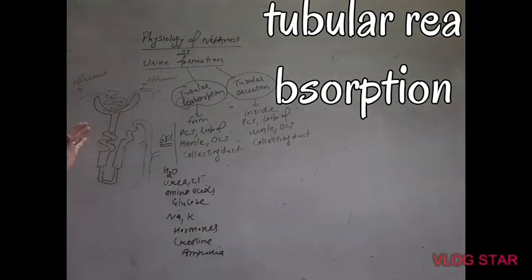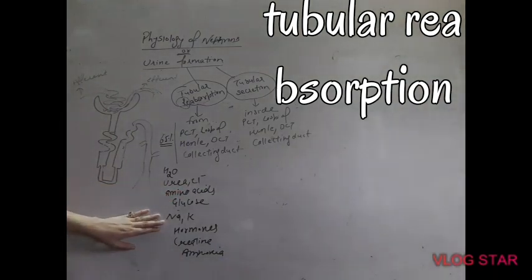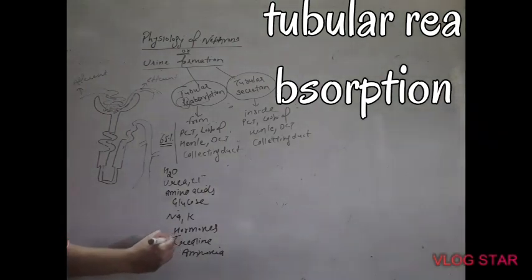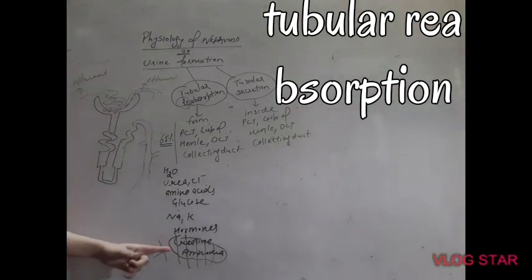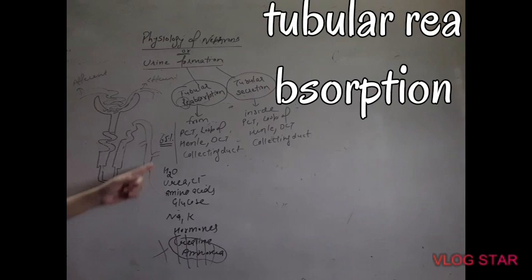These substances include water, urea and chloride ions, amino acids, glucose, sodium, potassium, bicarbonates, hormones, and do remember creatinine and ammonia are the substances which are a part of glomerular filtrate, but they are never absorbed from the PCT into the blood plasma. So reabsorption of creatinine and ammonia does not take place, but all these other substances are reabsorbed.